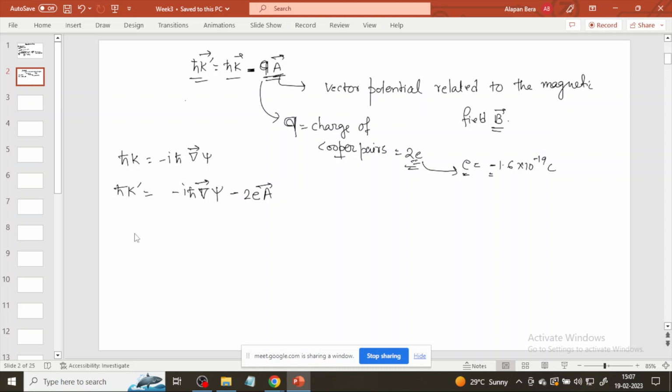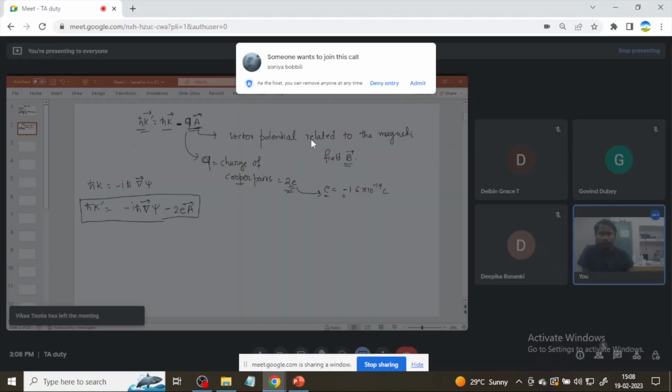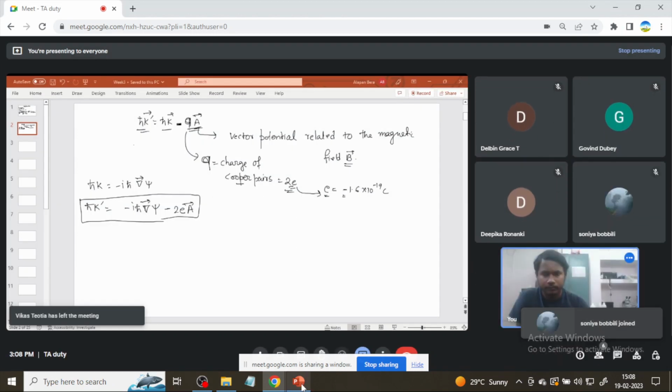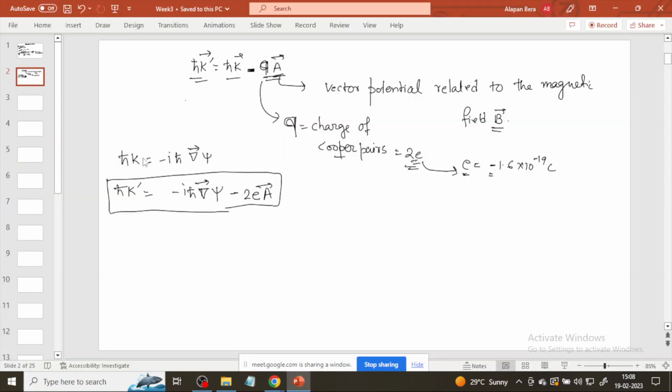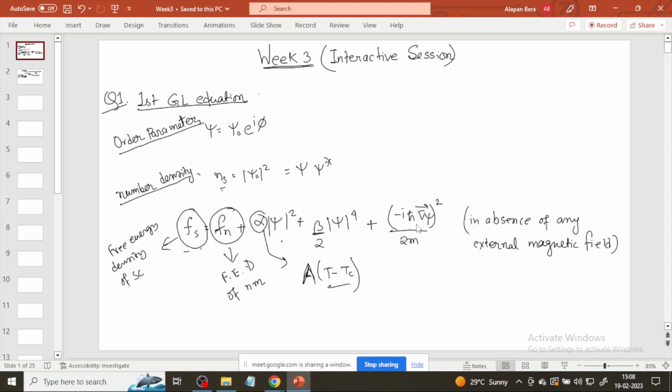So now if we put this whole term back into that free energy density equation, now let me put this equation back into this free energy density. So in place of this term we now put the modified term here.